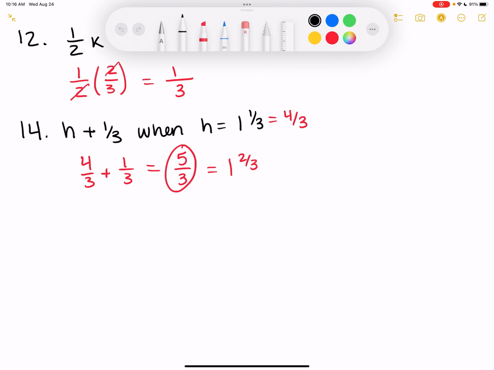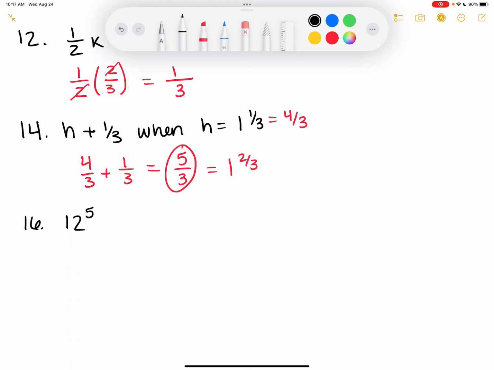So starting with number 16, they say to write the power in words and as a product. You don't actually have to write it in words. That's all it's wanting you to say. If you have this as your problem, what they're wanting you to write is 12 to the 5th power, but you don't just think about it in your head when you do it.